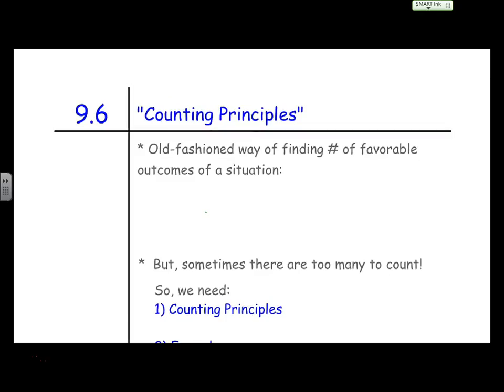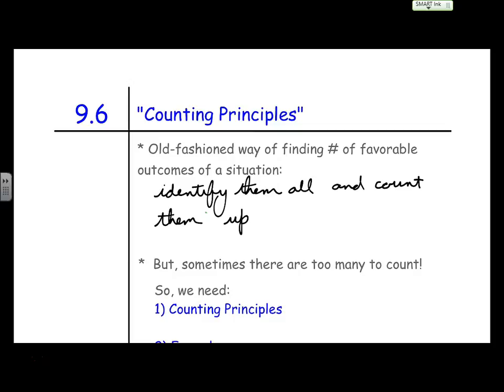Old-fashioned way of finding the number of favorable outcomes in a situation: identify them all and count them up. Seriously?